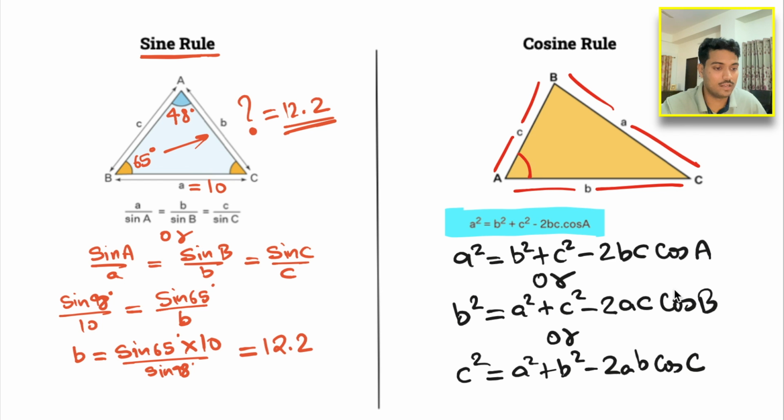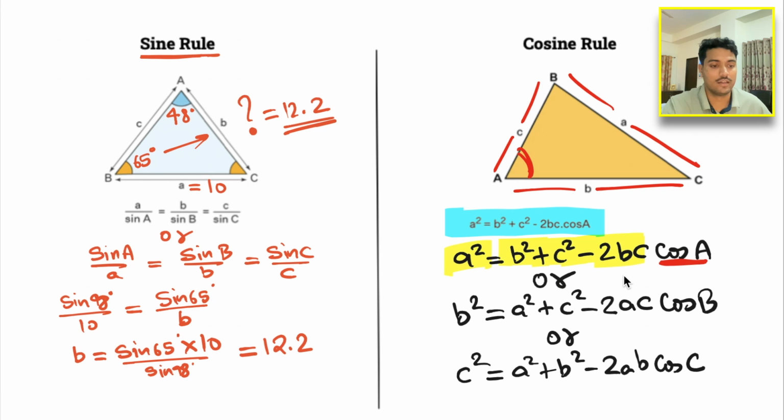Let's say if we have to find angle A, we can make cos A the subject of the equation and substitute the values of a, b and c, and that is how we can find the value of cos A, and then A is equal to cos inverse of the solution.